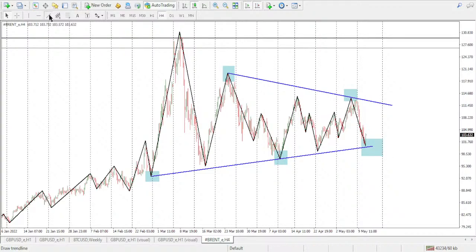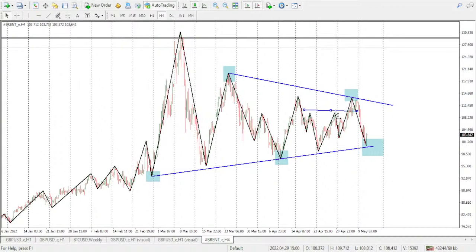We may look at this as some shape. Okay, we have that, and then we have another one. So this is like a contracting wedge formation inside another contracting wedge formation.